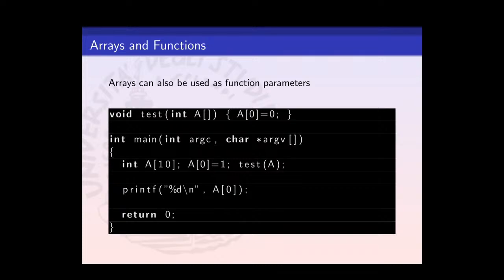So actually, the parameter in the test function, the formal parameter, is a reference to the array. So by changing the array in the function test, we are basically changing the original array. And so after calling the function test, we end up in a situation in which the first cell of the array a has been set to 0.